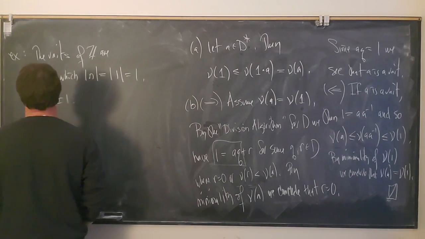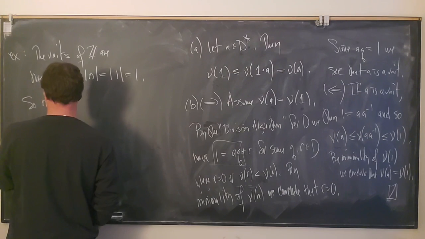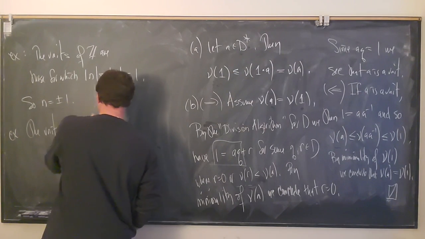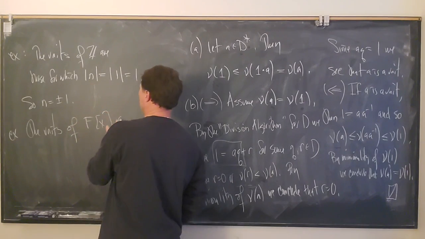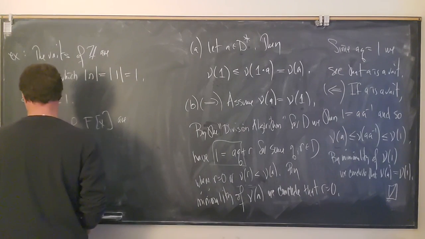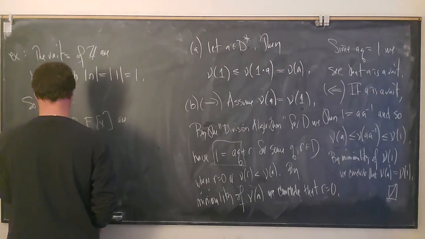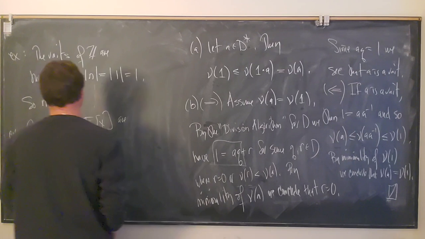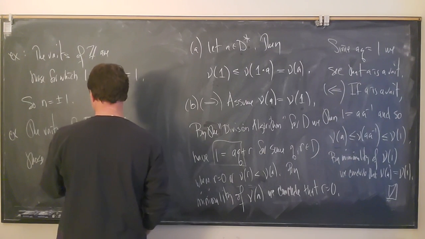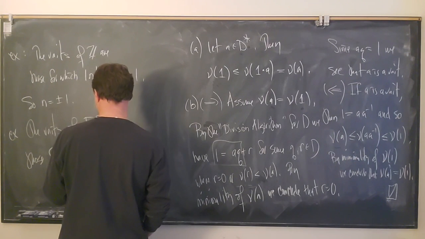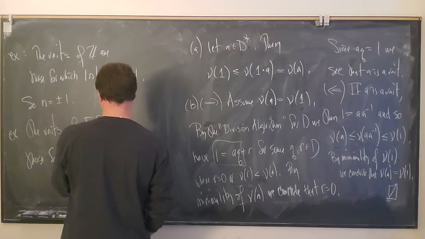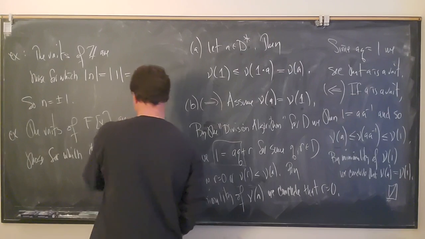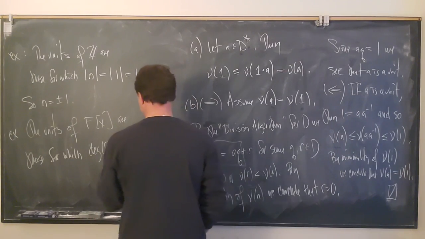Next example, the units of F bracket x are those for which the degree of f of x is equal to the degree of 1, which we know is 0.